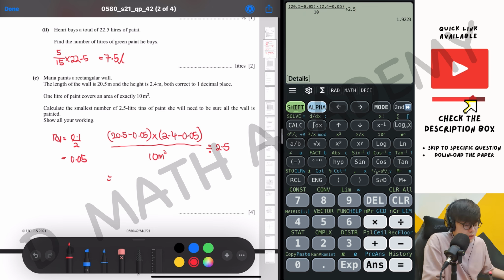So after the calculation, you will get 9.223, which is approximately 2 tins.